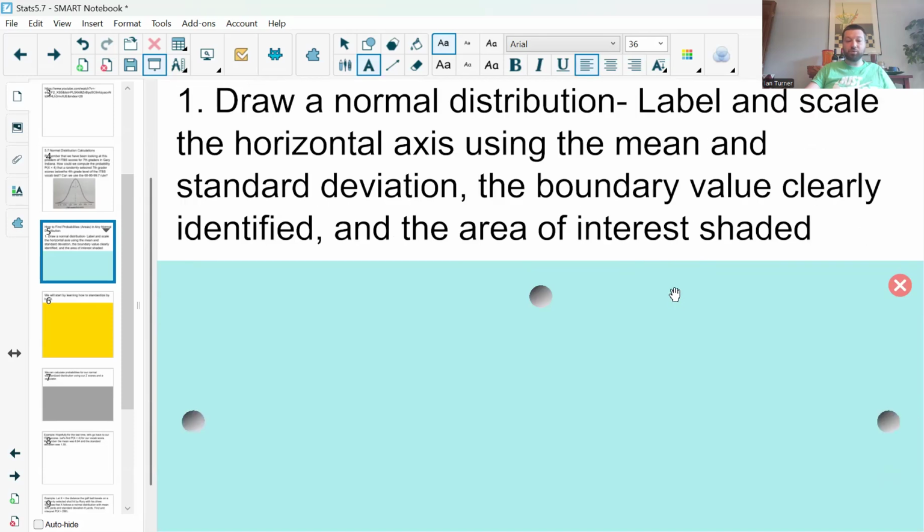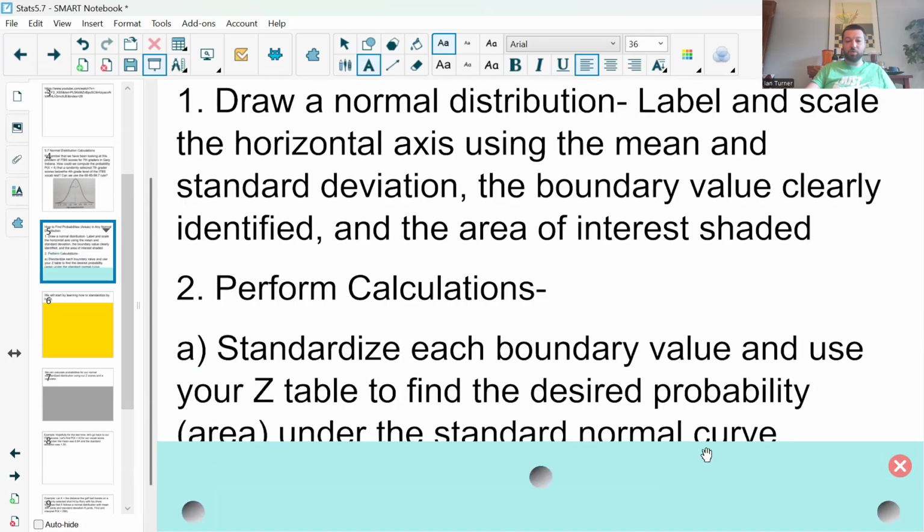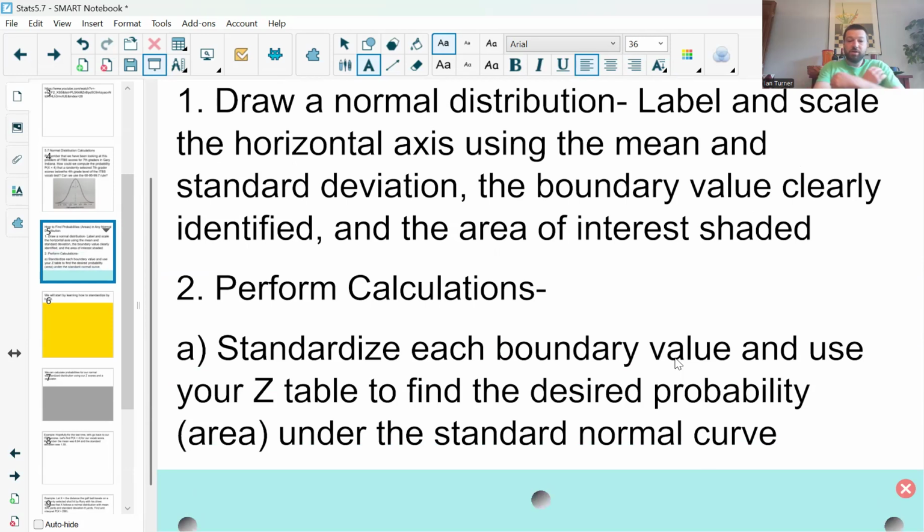You just got two little things I'm going to talk through. So draw it just so you can see what area you're trying to capture of the normal distribution. Step two, there's two parts here. I'm going to show you how to do both of these. We're going to calculate the area. One way we can do that is we can standardize the boundary values and turn them into z values, and then we can use the z table to find the desired probability area.